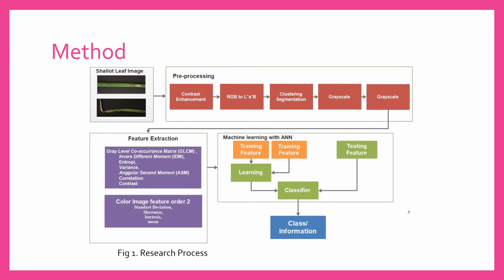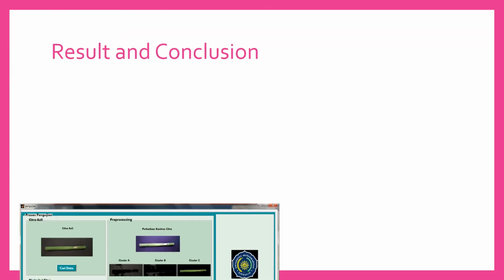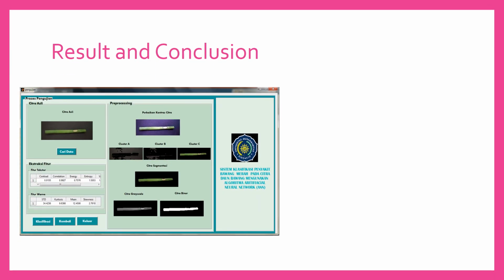The learning and classification process implements the artificial neural network algorithm with a backpropagation model. Backpropagation has strong and objective mathematics, so that it can form an equation and coefficient values in the formula by minimizing the number of errors in the system. Backpropagation itself is a multi-layer network architecture.